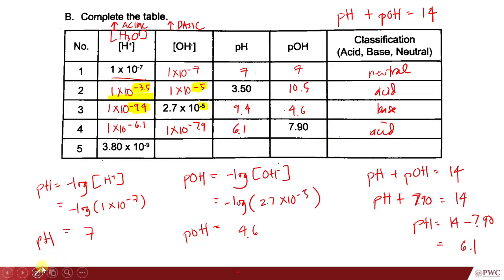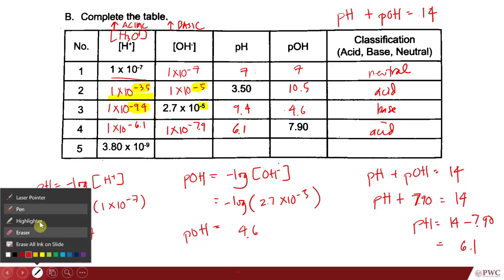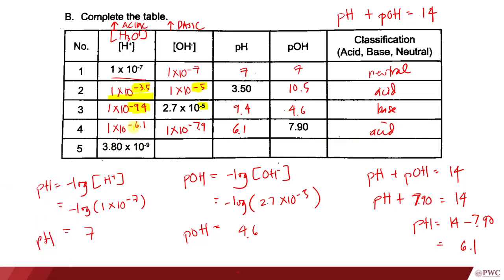Also, if you look at the concentration of H plus compared to OH minus, this one is much larger compared to this one. Again, it's larger when it has a lesser negative exponent in the scientific notation. So this one is an acid.